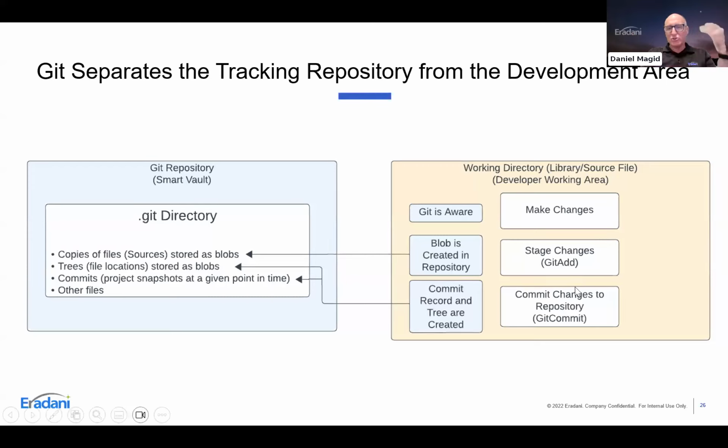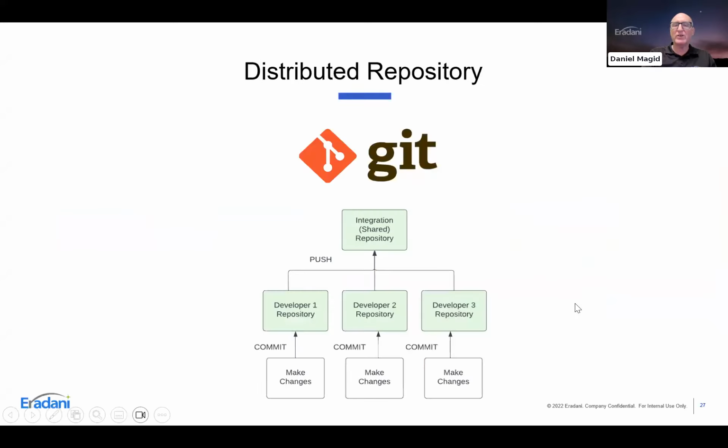So you make changes, do adds, make some more changes, do adds, and then you say, okay, now I'm ready to do a commit. When you do the commit, that's when it actually takes a snapshot of the repository, says, this is where you were at the moment that you did that. So you can roll back to that state. You can do a lot of things with the information in that commit. So that's basically the process. Make your changes, do a Git add, do a Git commit.